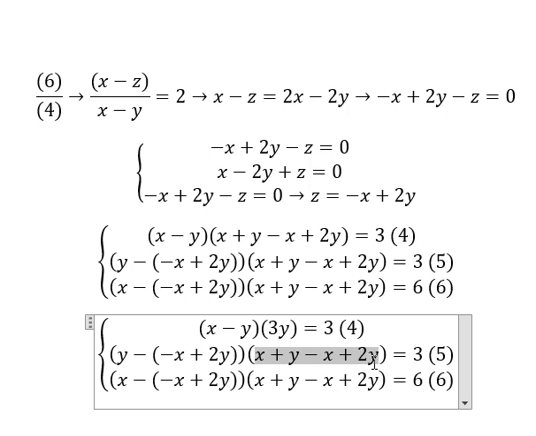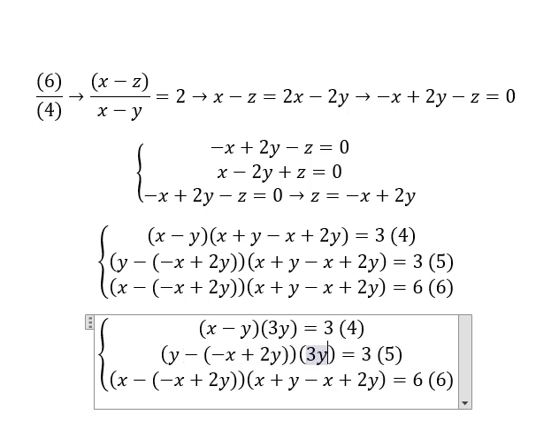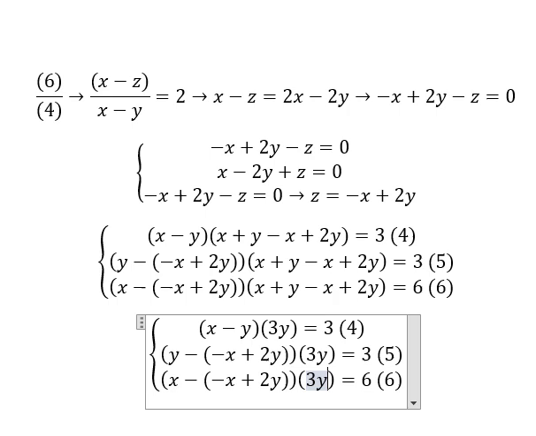Similar for this one and this one. Now this one we change the sign, so that should be positive s minus 2y.